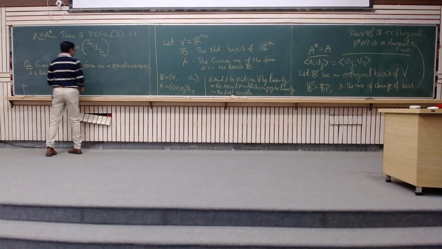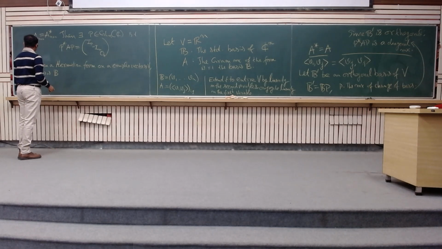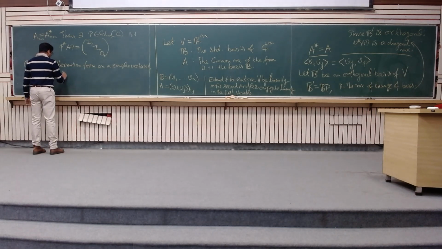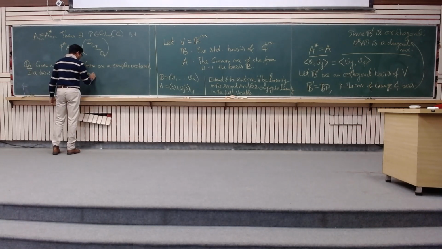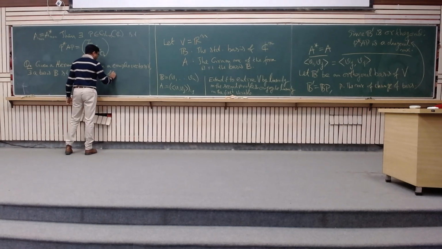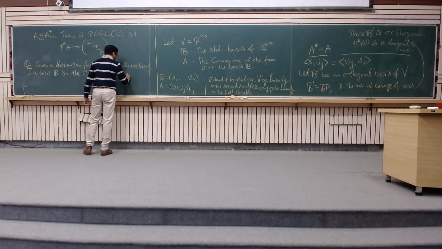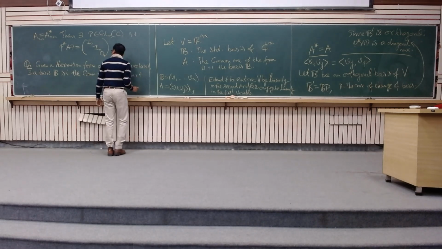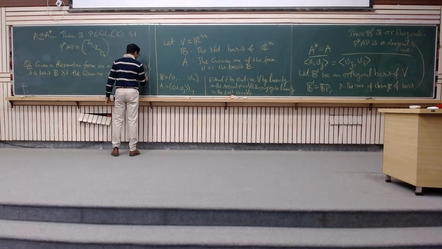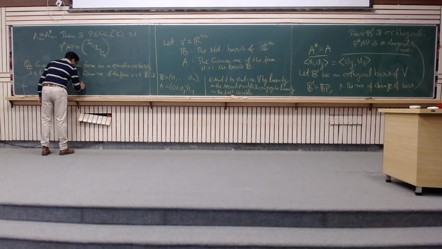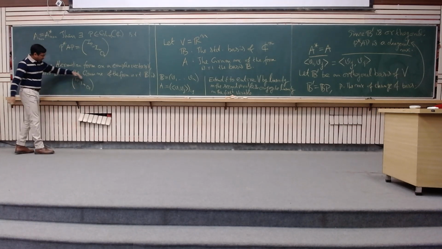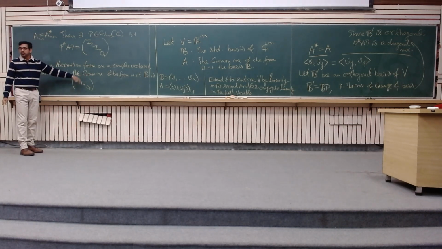Given a Hermitian form on a complex vector space, there exists a basis B such that the Gram matrix of the form with respect to B is of this form: I_p, minus I_m, and 0_z. All the empty entries here just mean they are all zeros.